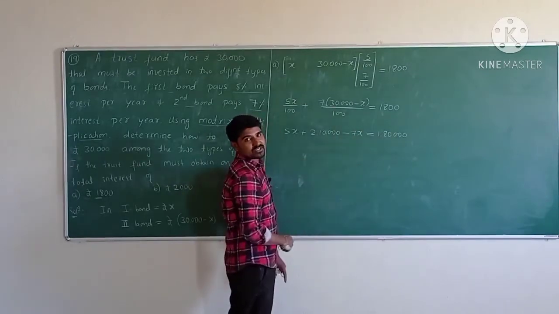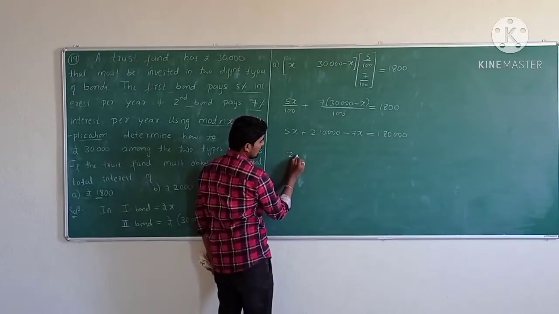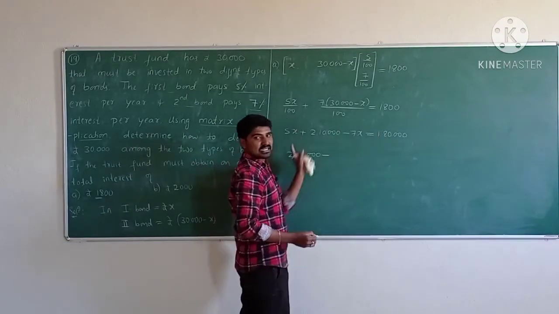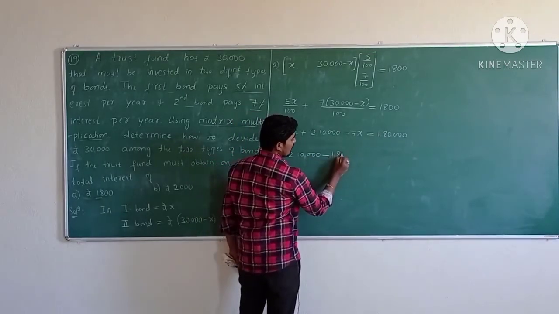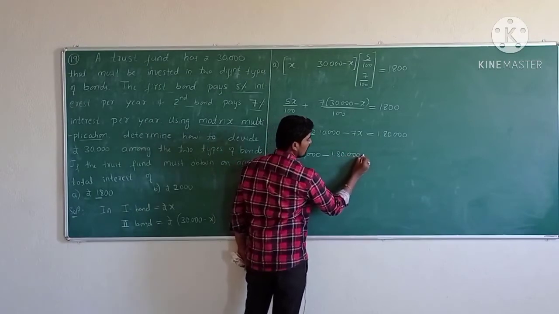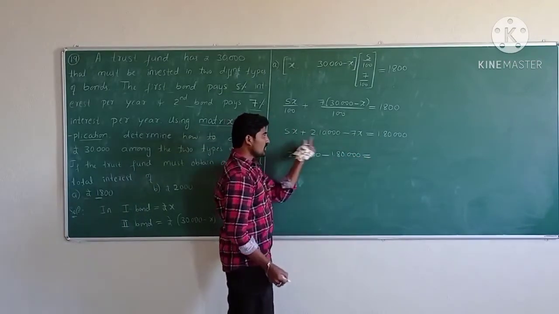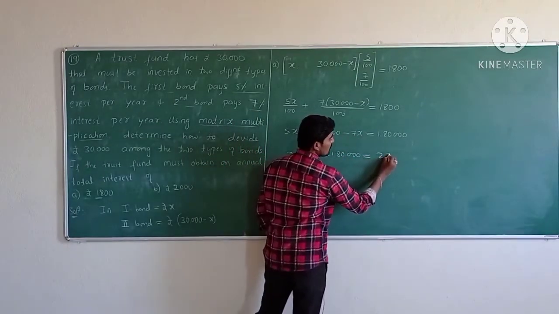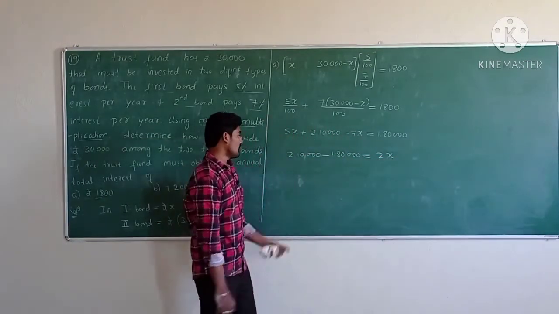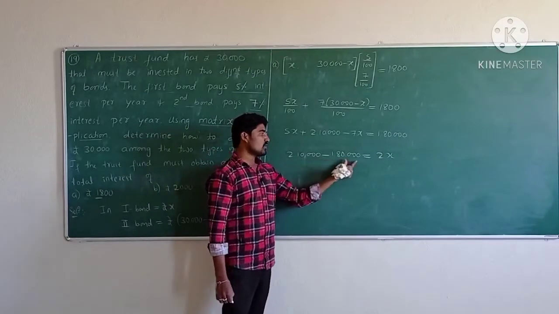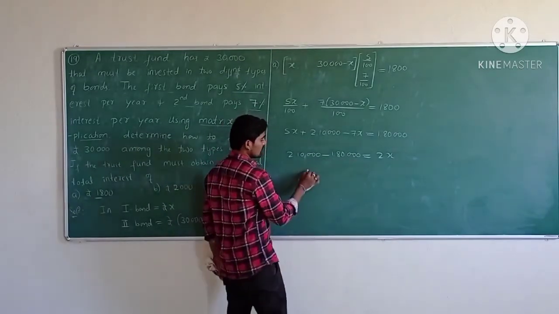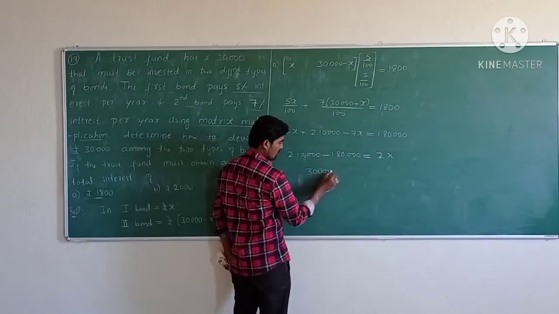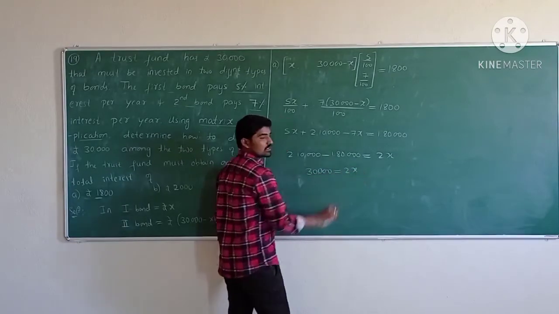Let us shift that to the other side. So take 2,10,000 minus 1,80,000 to this side, and the minus 2x to the other side as plus 2x. Now 2,10,000 minus 1,80,000 is equal to 30,000, which is equal to 2x.